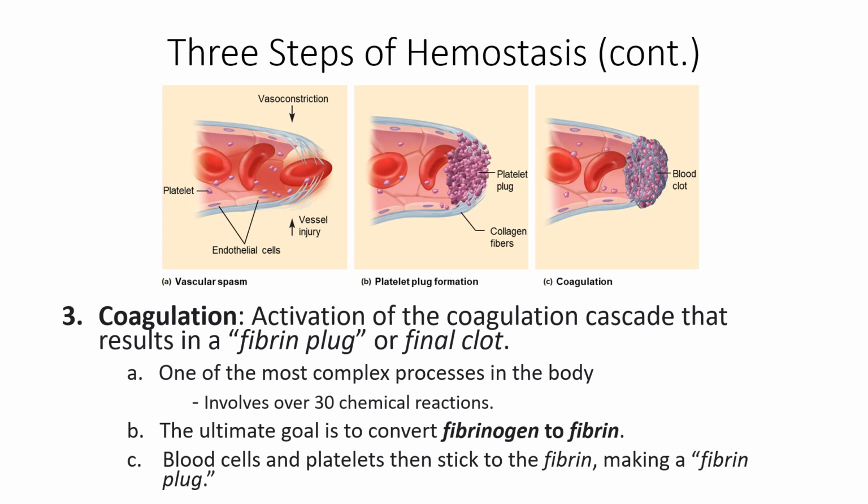So vascular spasm, platelet plug formation because of the activation of the platelets, and then the coagulation cascade that results in the blood clotting and the fibrinogen being converted into fibrin.